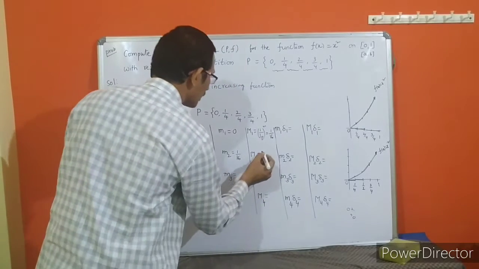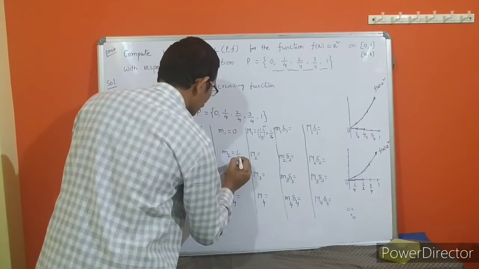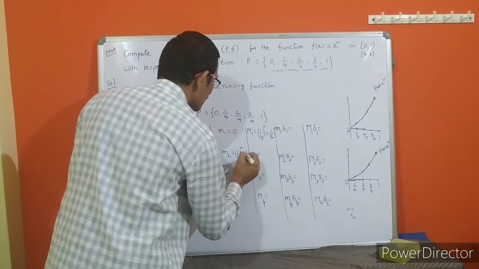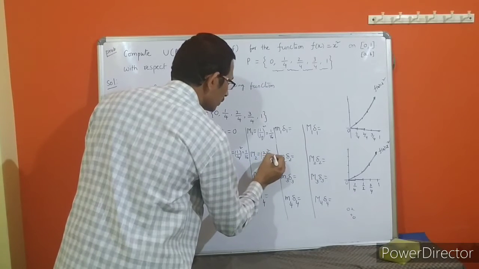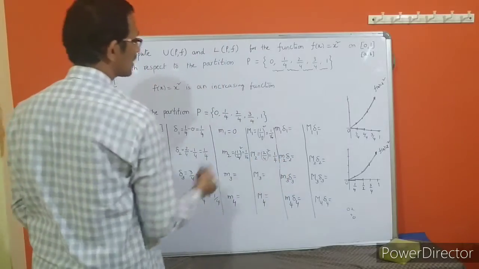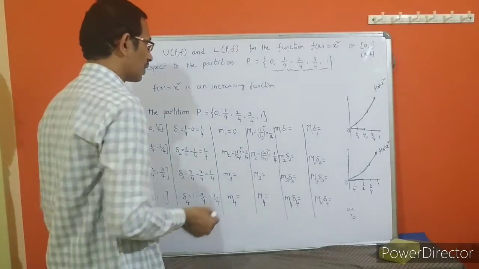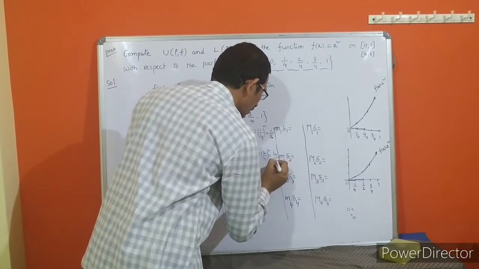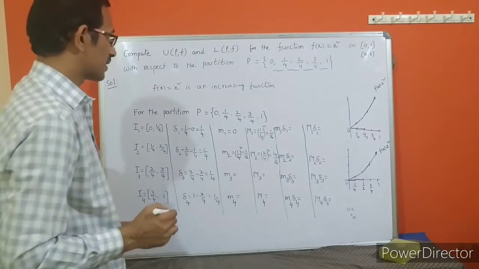I shall write it like this, 1 by 4 whole square, that is equal to 1 by 16. Here 2 by 4 whole square is 1 by 2 whole square, so again 1 by 4, or 4 by 16. You can keep it as 4 by 16 itself, so that our calculation is easy. Now this is 4 by 16.